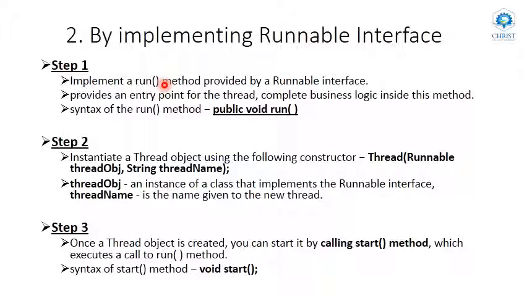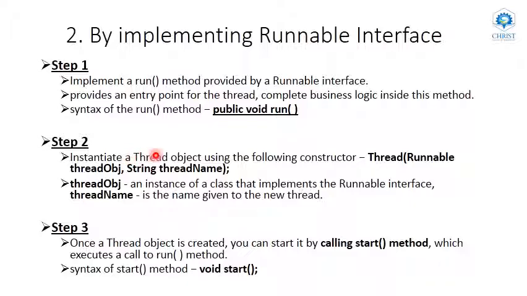In this case, when we create thread by implementing Runnable interface, we have to instantiate thread object by calling this constructor. The constructor is this one, Thread, and it has got 2 parameters. One is the object and the other one is the thread name that we are going to give. So here first parameter is actually the object of the class which implements the interface. We will see one example, then it will be more clear.